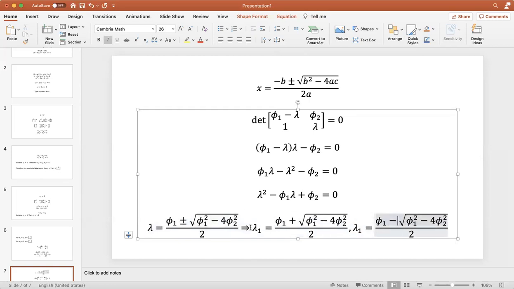Okay, so these will be the corresponding eigenvalues.